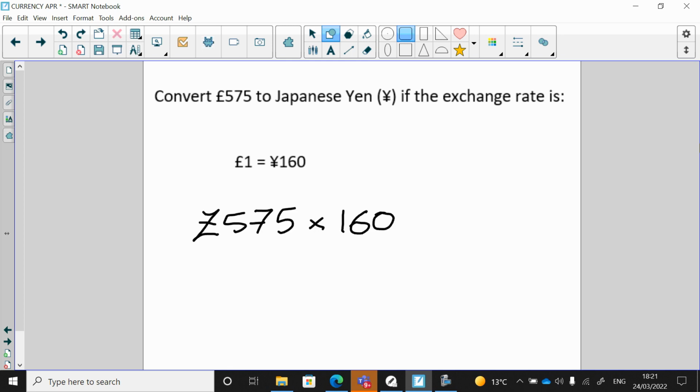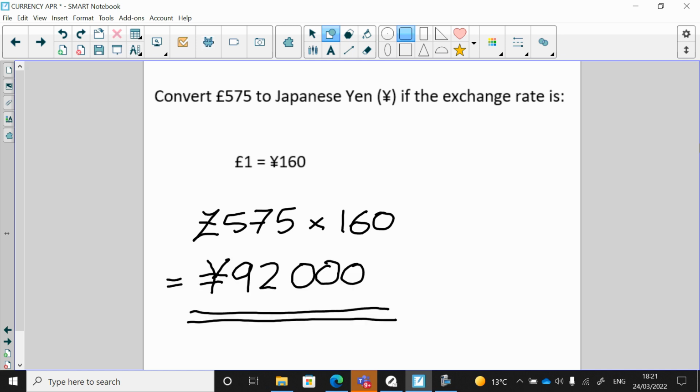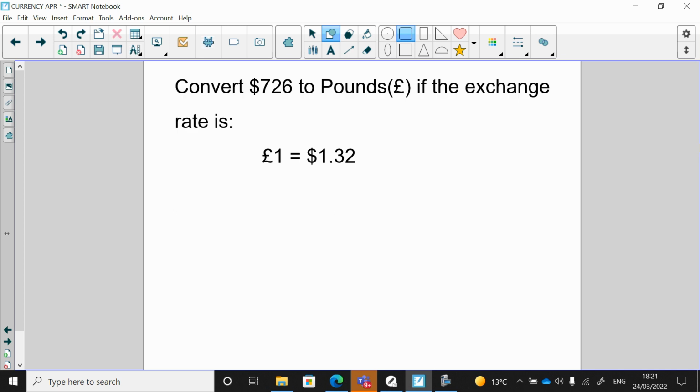Put that in your calculator, 575 times 160, and you're going to get a big number, and it's going to be in yen. Okay, so far so good. In all 3 examples, we converted pounds into other currencies, and that meant we multiply by the exchange rate. Let's see what happens when we go the other way.